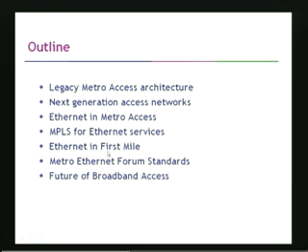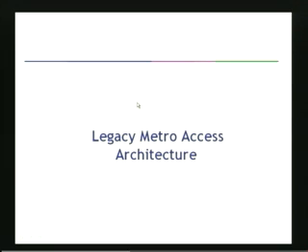Then we will also talk about Ethernet in the first mile. There is a new forum called the Metro Ethernet Forum, which is defining the standards for the broadband access networks, and then we will talk about what is the future of the broadband access that is going to be there.